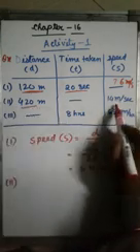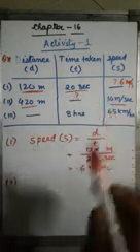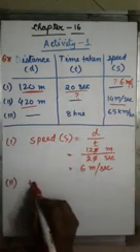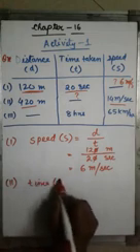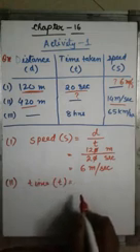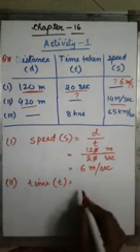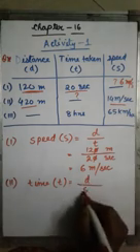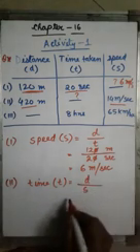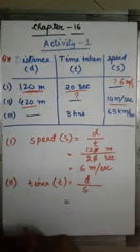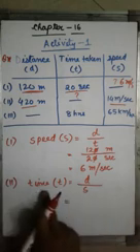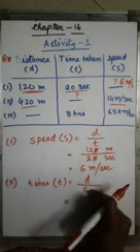Number 2, distance is given, speed is given, you have to find time. So in our case, time t is equal to distance divided by speed. You can see in your note, just now I have given you. To find the time, we have to divide distance by speed.